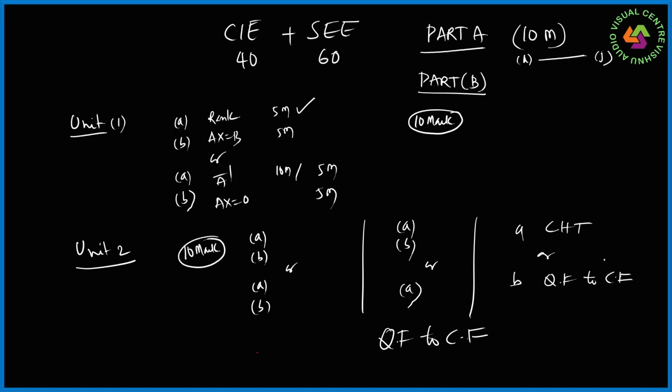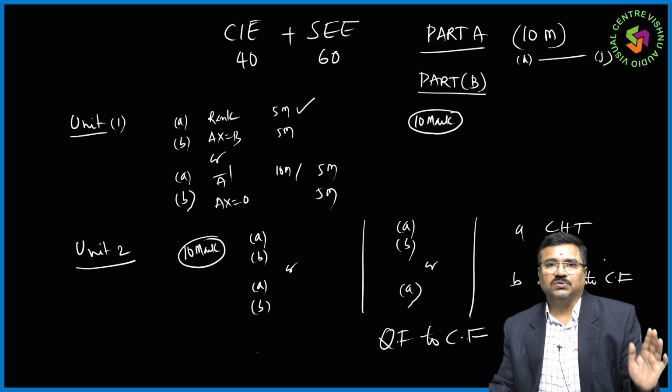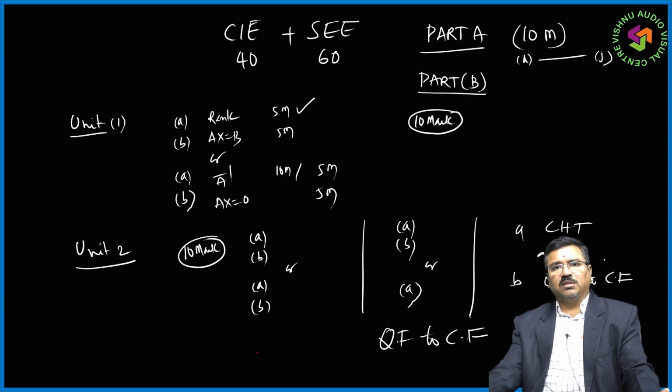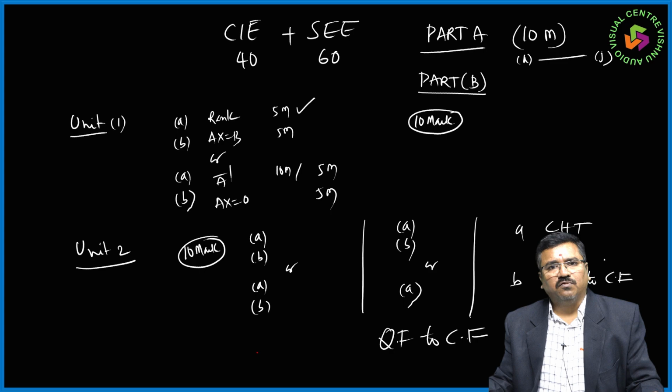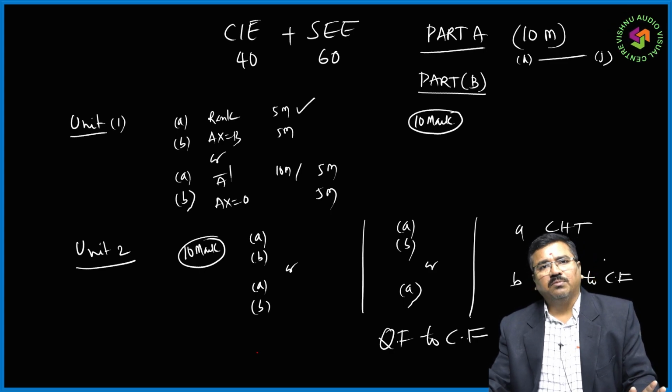Why? Because in this process, we need to compute eigenvalues, eigenvectors, and also diagonalization. We have three major concepts: the Cayley-Hamilton theorem, diagonalization, and reduction of quadratic form to canonical form. Better you practice the Cayley-Hamilton theorem and reduction of quadratic form to canonical form.